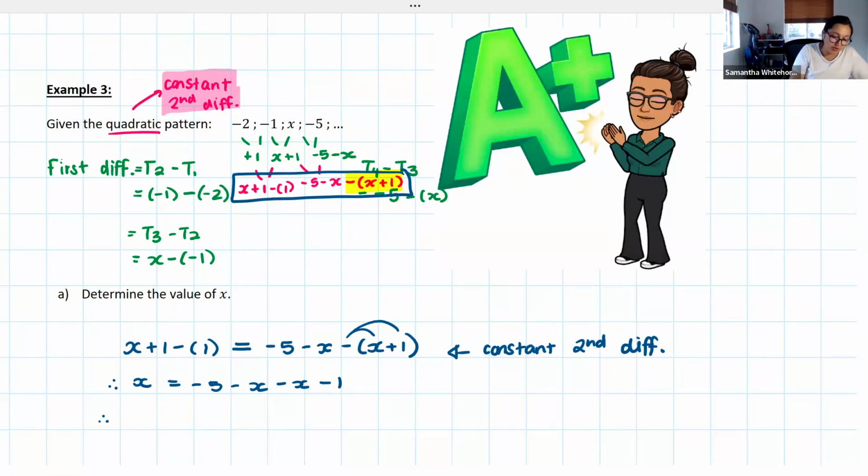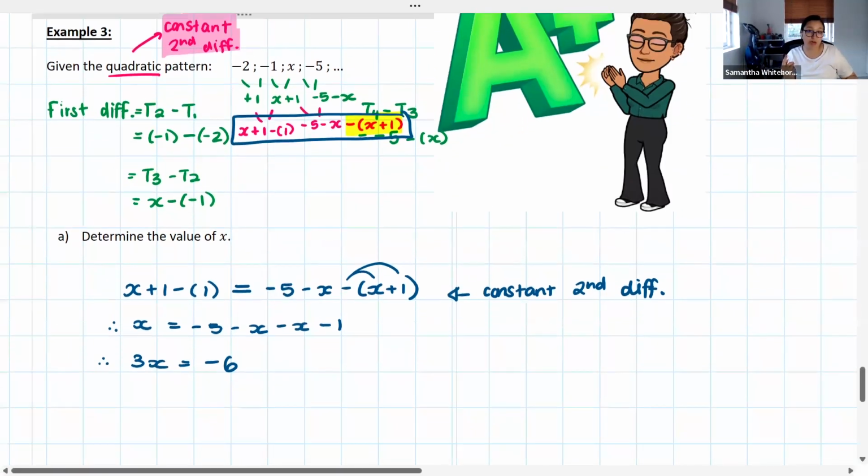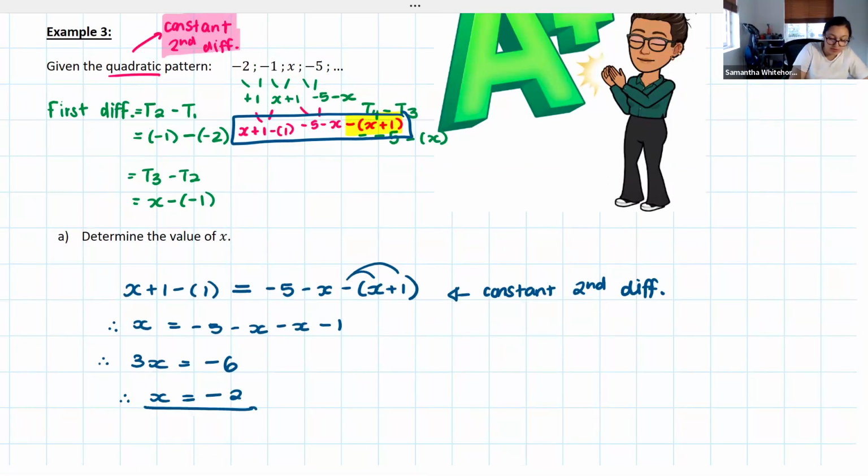So what I'm going to do is bring those two negative x's over, I've got 3x and -5 minus 1, -6. So Kakleko, that's what I was saying. -6 definitely is in our working out, but because you've got a coefficient here to x, you have to divide both sides by 3, giving you -2.